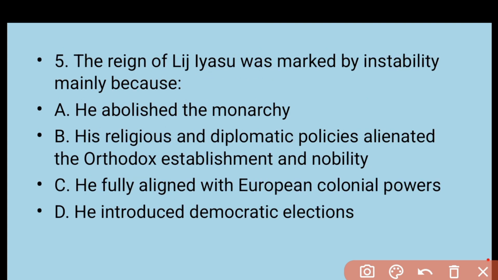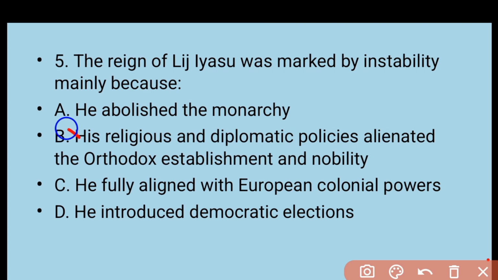Number 5. The reign of Lij Iyasu was marked by instability mainly because A. He abolished the monarchy, B. His religious and diplomatic policy alienated the Orthodox establishment and nobility, C. He fully aligned with European colonial powers, D. He introduced democratic elections.